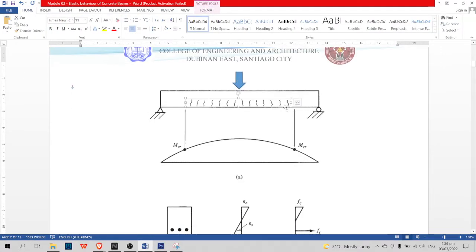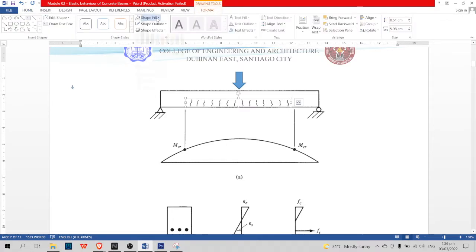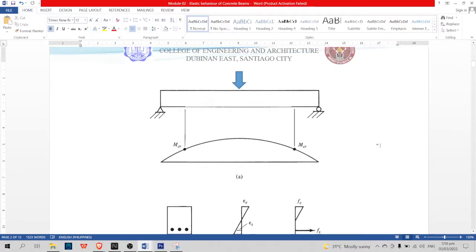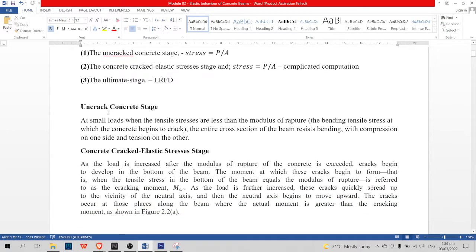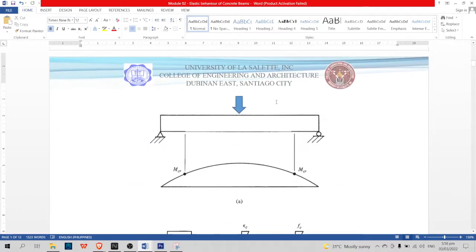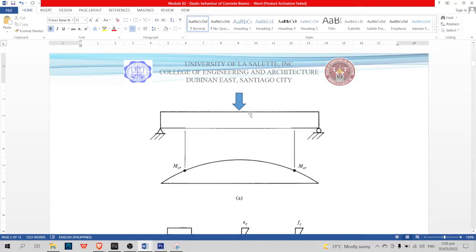Ayan. So, doon sa unang stage, which is the uncracked concrete stage, at small loads, when the tensile stresses are less than the modulus of rupture, the beam is simply a beam.